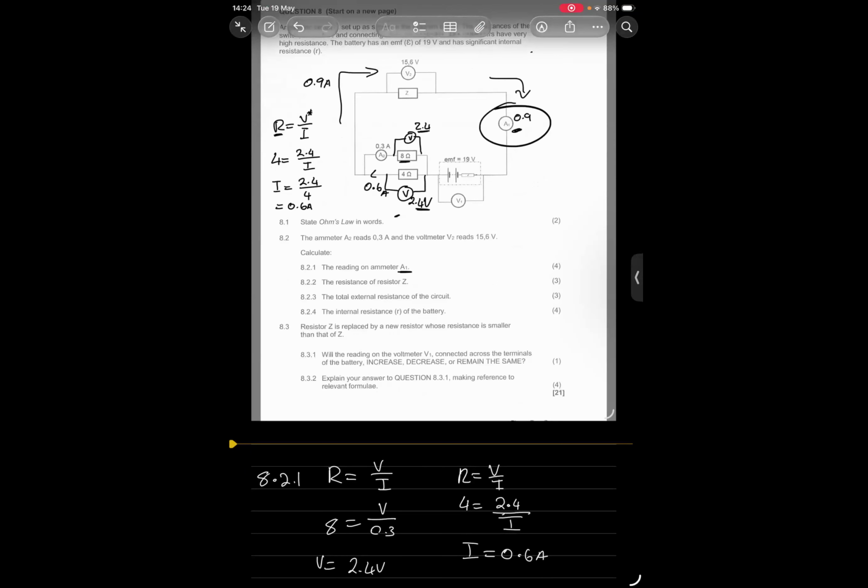So now calculate the internal resistance of the circuit. This one I'm not doing it. You have to get it right.